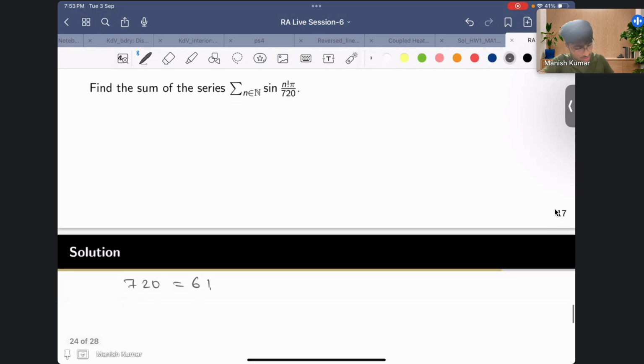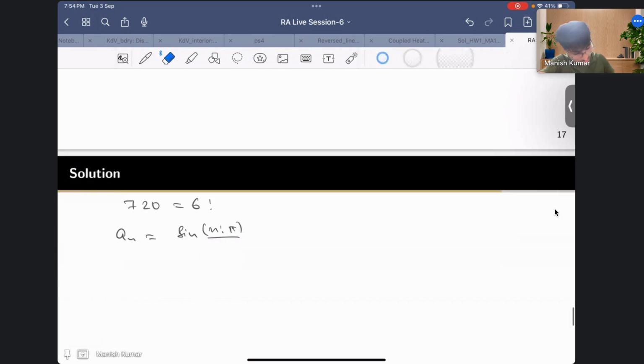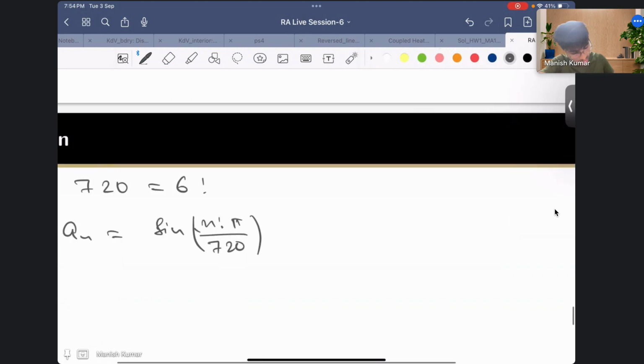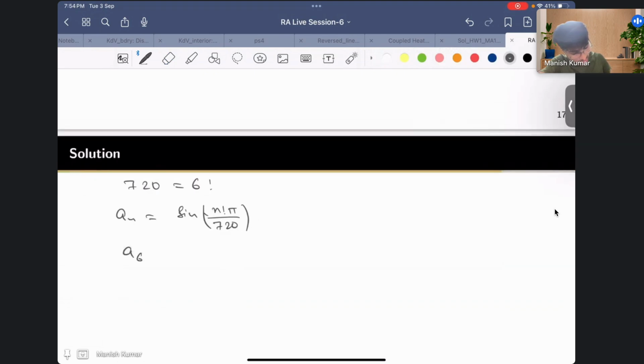Okay, so a_n is what? a_n is sine of n factorial pi upon 720. Correct. Now if I try to find what is a6, so a6 is going to be sine pi, which is 0.